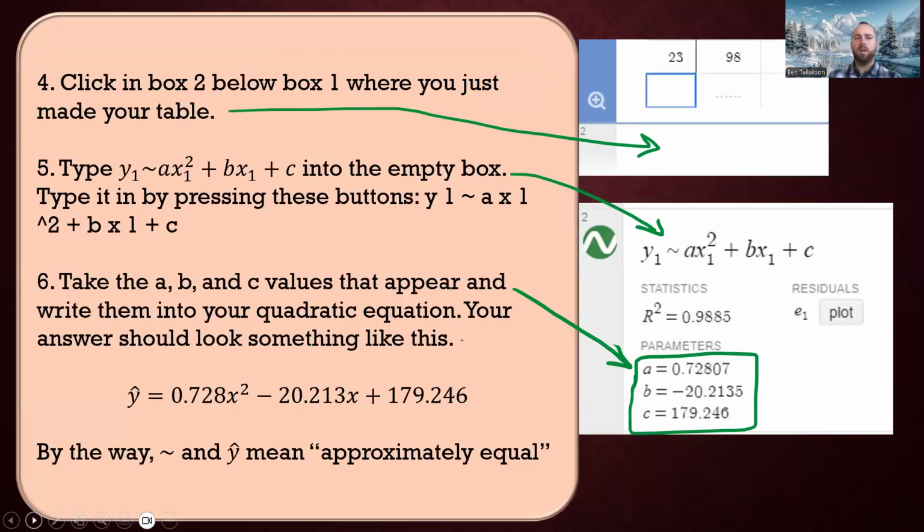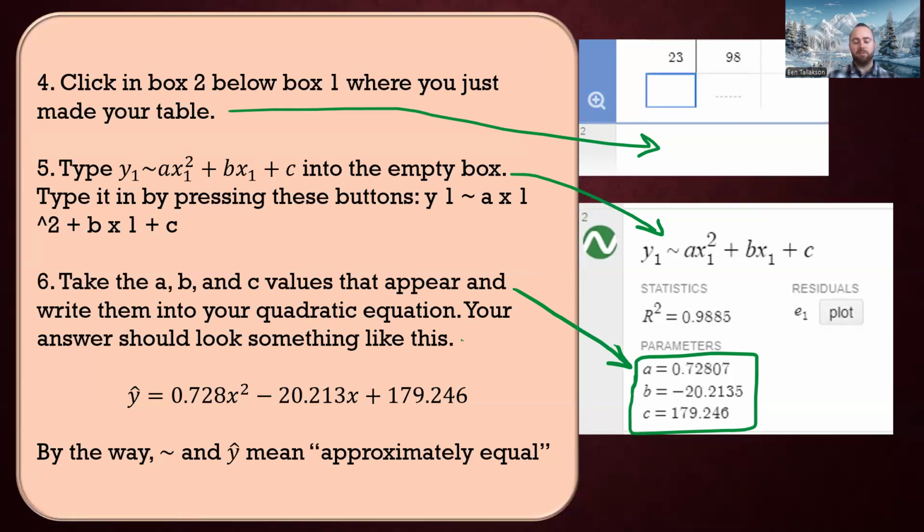So we need to go down and click on box 2. It's just below box 1 where you just made your table. And you're going to type this in. If you need help knowing exactly what to type, it's right here. And if you're wondering about this symbol on my keyboard, and most keyboards, I believe it's above the tab key.